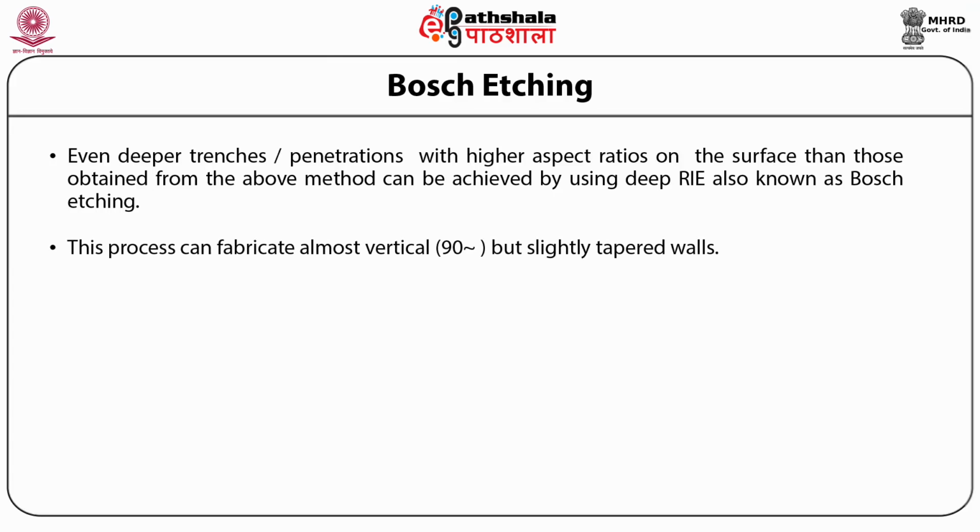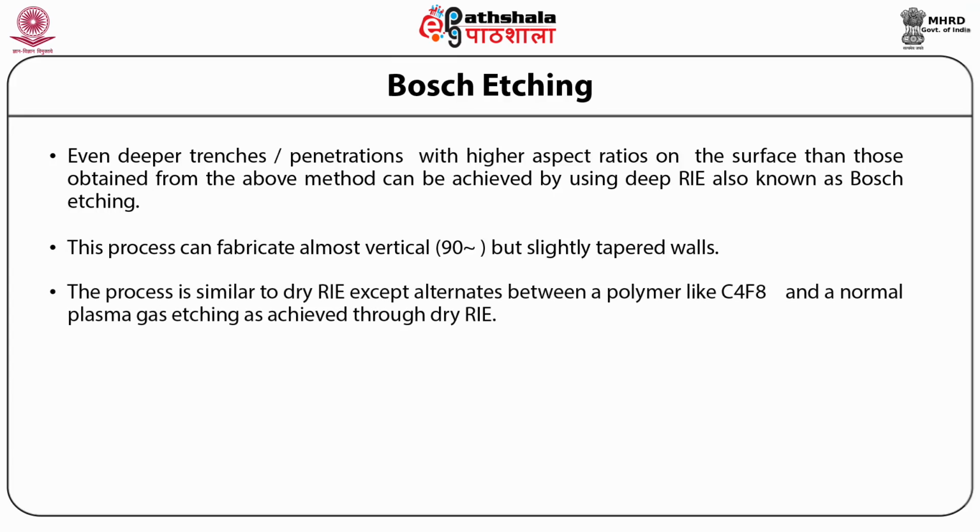This process can fabricate almost vertical but slightly tapered walls. The process is similar to dry reactive ion etching except it alternates between a polymer like C4F8 and a normal plasma gas etching as achieved through dry reactive ion etching.